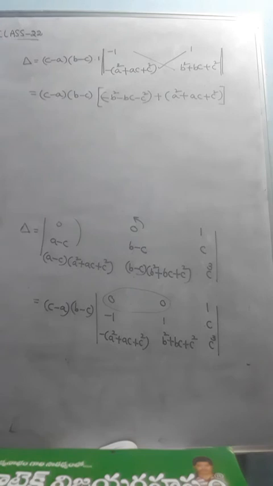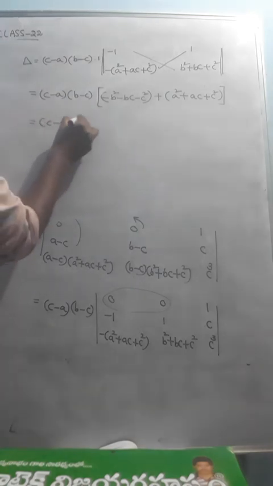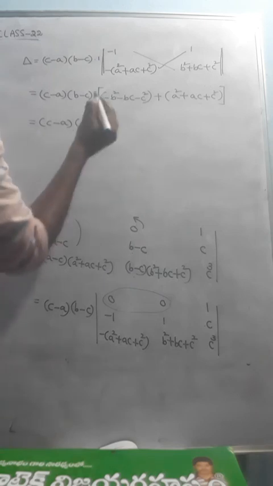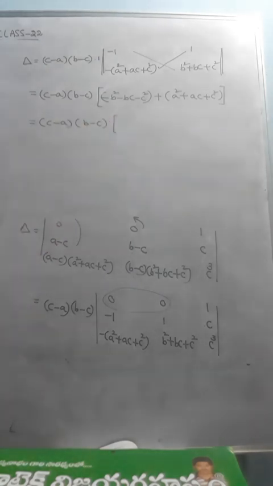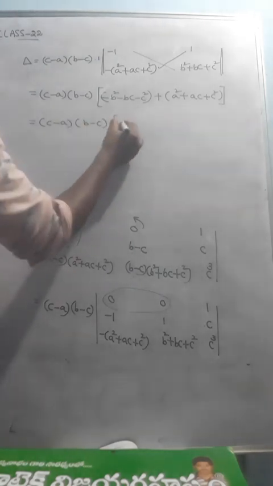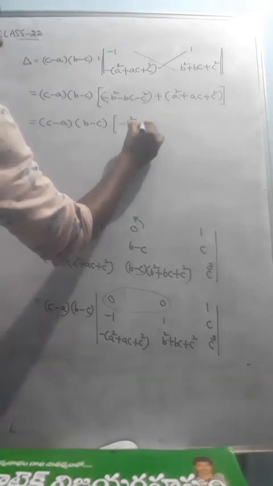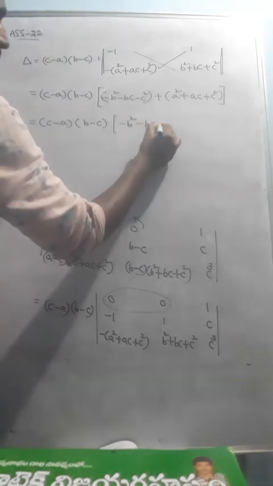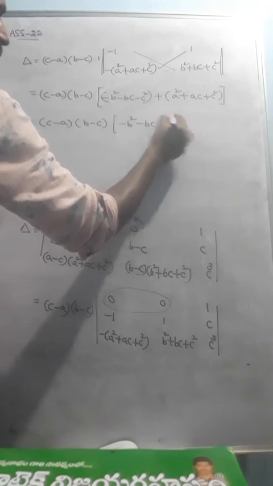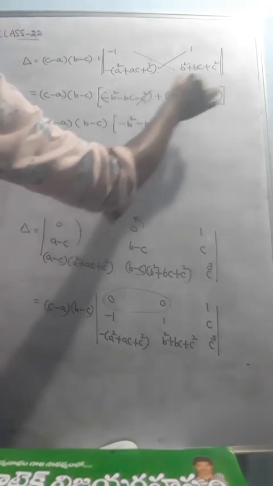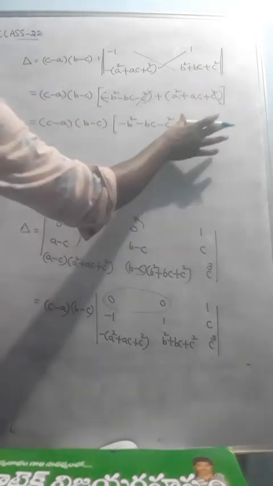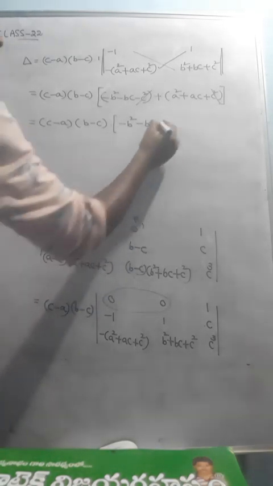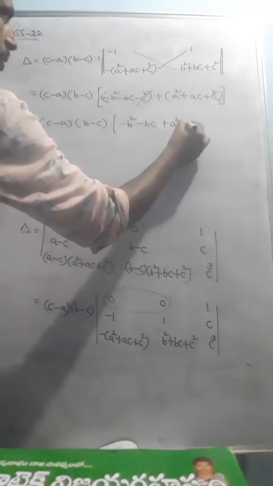That is equal to C minus A into B minus C into, so this is minus B square minus BC minus C square, minus C square plus C square cancel, so leave it. Next, plus A square plus AC.